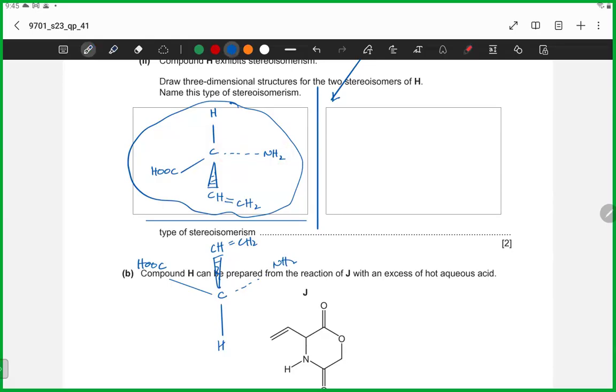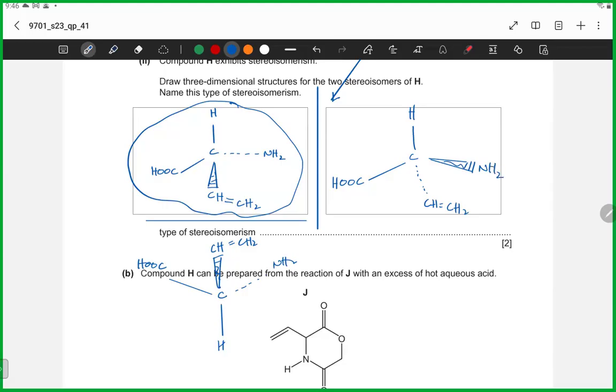So the third problematic way of actually drawing a mirrored version is, everything looks exactly the same, as if you're standing in front of the mirror, except that the bond that was coming out of the page is now going into the page. And the bond that was going into the page is now going out of the page.